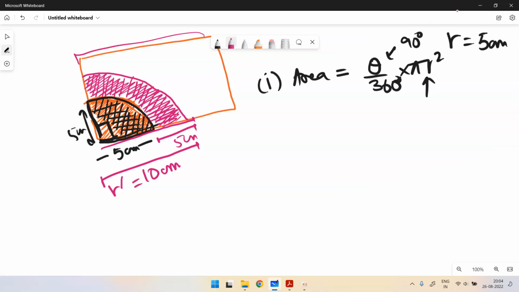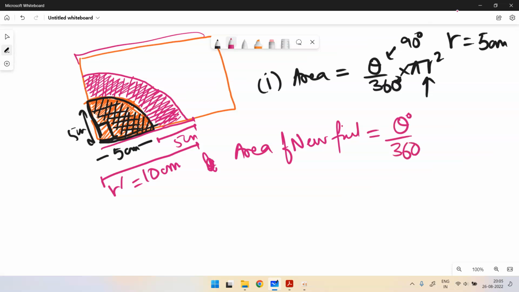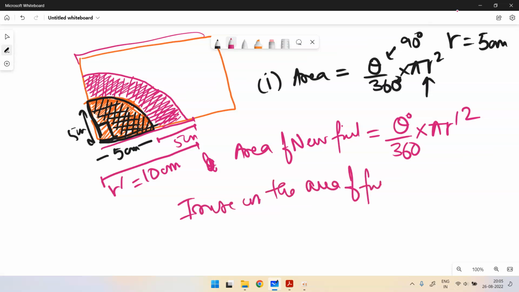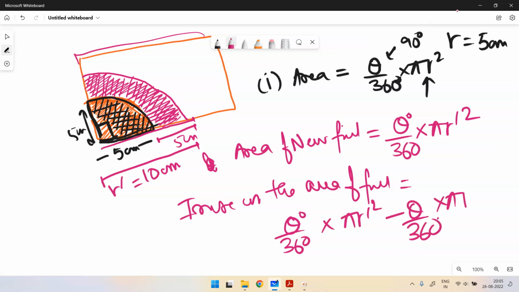Suppose that this is r dash. So the area of the new field is equal to theta by 360° into pi r dash square. Now the increase in the area of field will be theta by 360° into pi r dash square minus theta by 360° into pi r square.